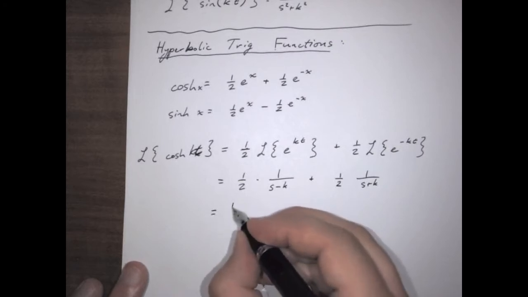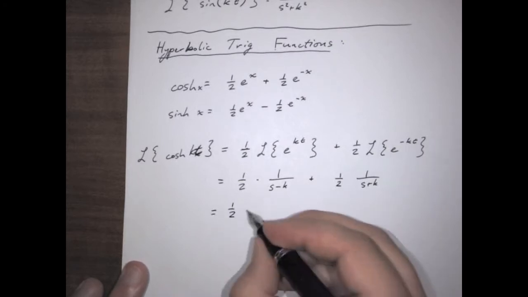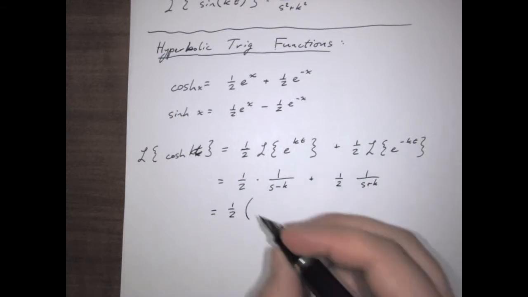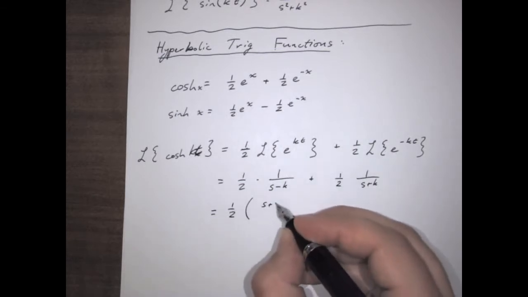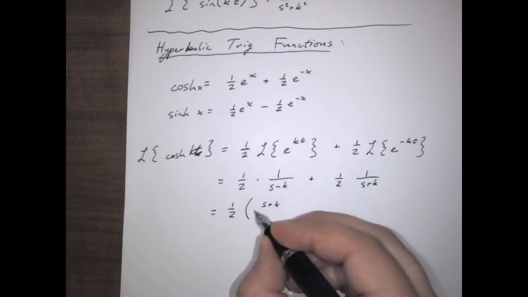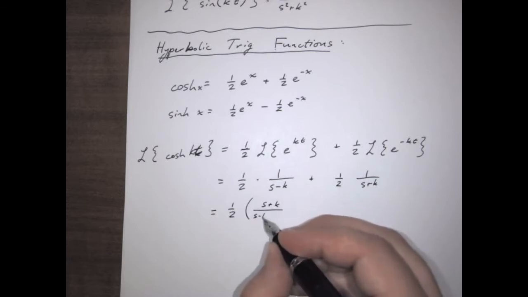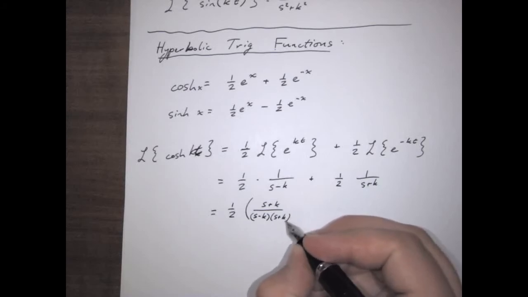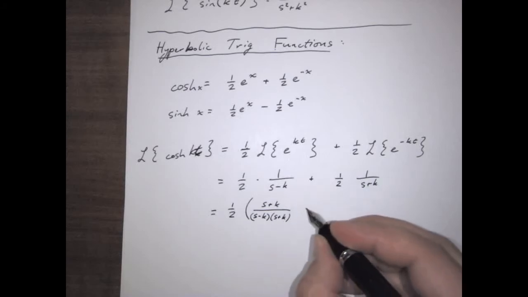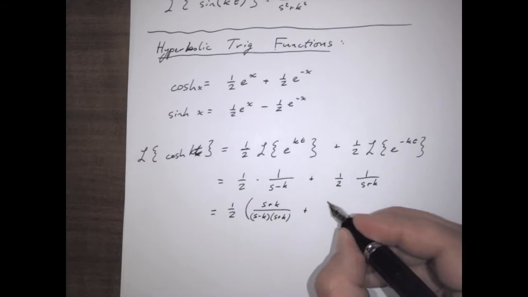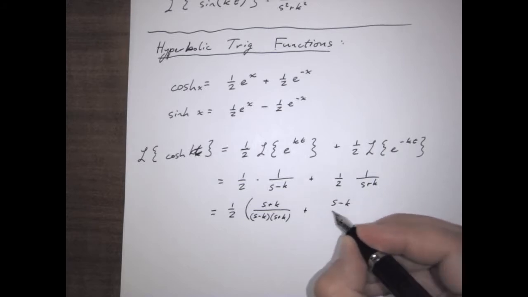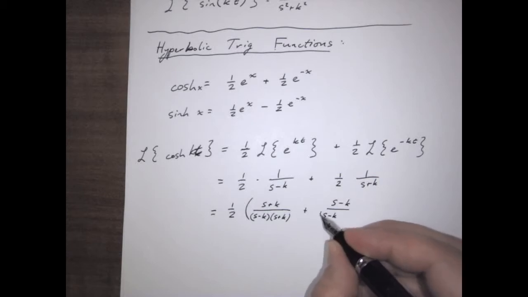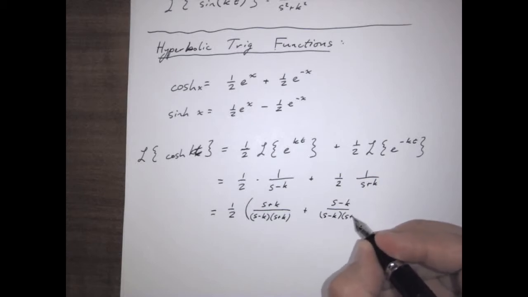So here we go. Also, the 1/2 can be pulled out. So it's going to be s plus k over (s minus k)(s plus k), and I pulled out the 1/2, so this one's going to be s minus k over (s minus k)(s plus k).